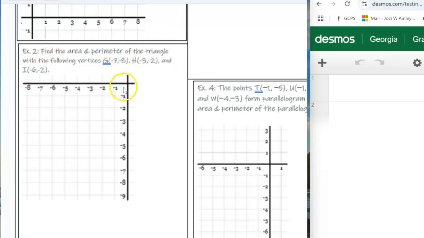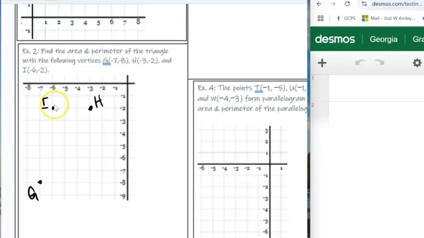G is -7, -8: you go X -7, then Y -8, put a point right there and label that G. H is -3, -2, so you go X -3, then -2 in the Y direction, and label that H. I is -6, -2, so you go X -6, Y -2, and label that I.